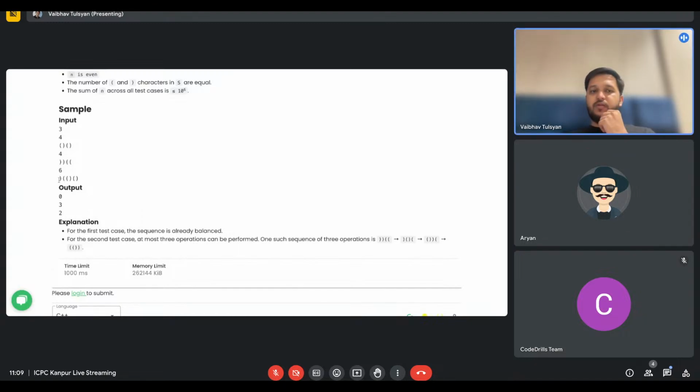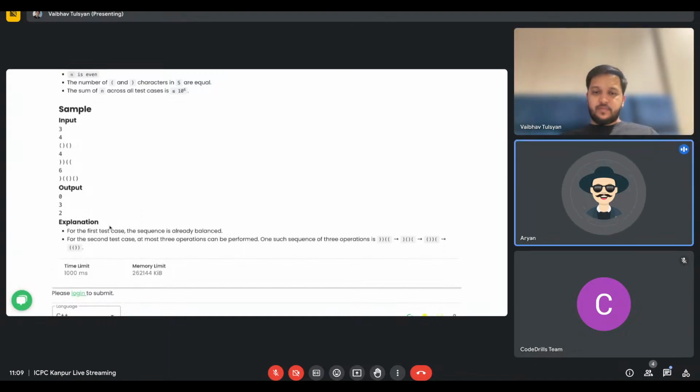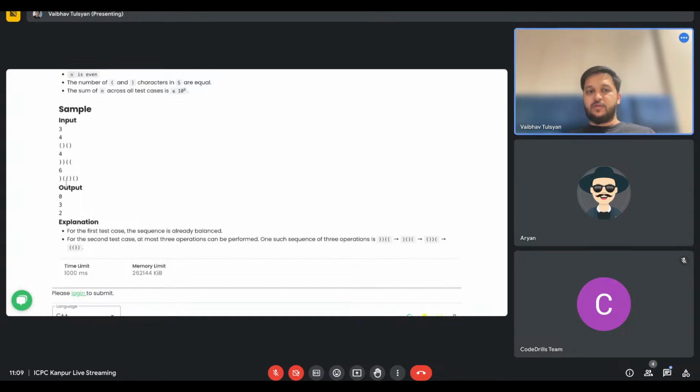The last one is also straightforward. You can only perform one swap, which is the first two parentheses. Oh, I see, so we can make two swaps over here.